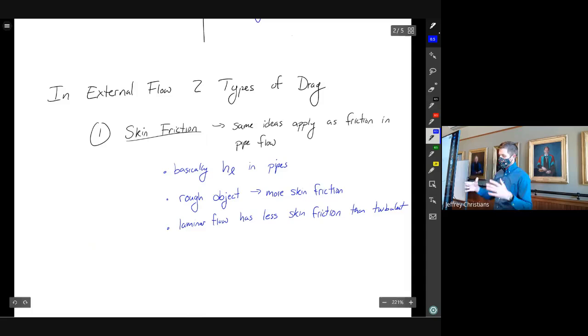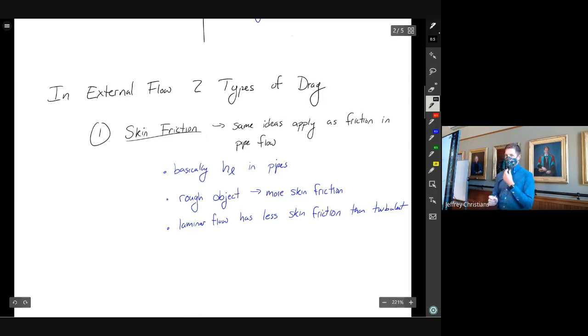Okay, so again, hopefully you feel like it jives with your ideas and your intuition for pipe flow. What are the factors that cause it? We're going to get higher friction with higher Reynolds numbers, all of the same kinds of things that you would assume with pipe flow, you can assume with skin friction.